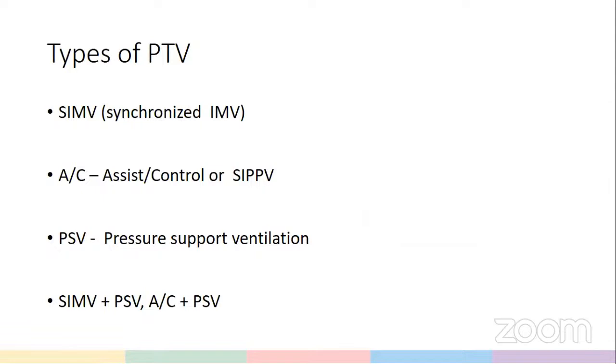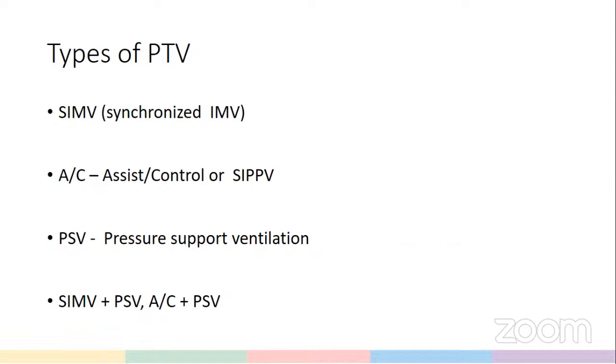So let us now discuss the different types of patient-triggered ventilation. Principally, patient-triggered modes of ventilation denote all modes where the ventilator tries to synchronize the ventilator breaths with the patient efforts as much as possible. The different types include SIMV, or synchronized intermittent mandatory ventilation, and assist control, or AC, which is also called SIPPV, synchronized intermittent positive pressure ventilation.